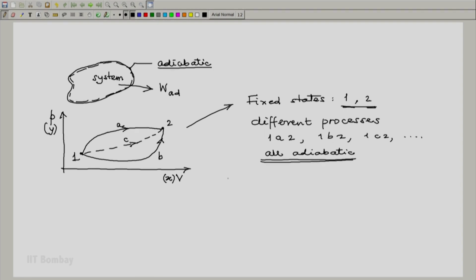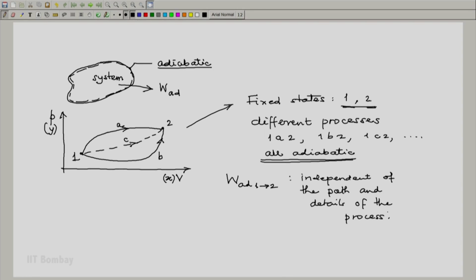Now, Carathéodory's statement says that this work, the adiabatic work from initial state 1 to final state 2, is independent of the path and details of the process.